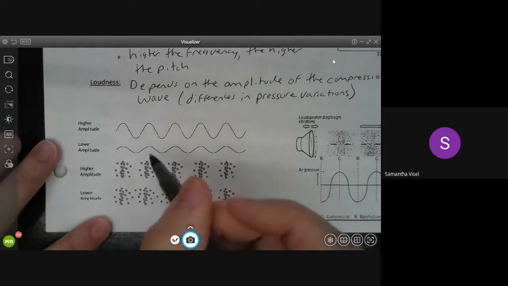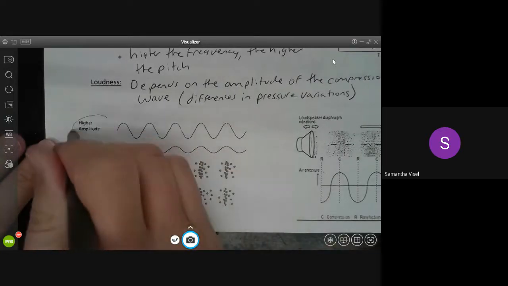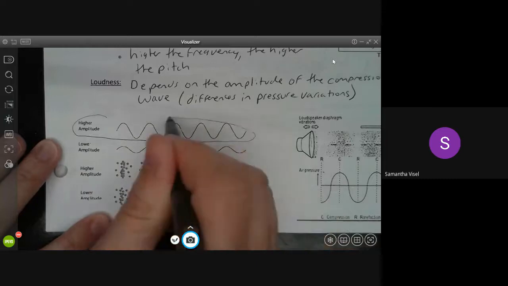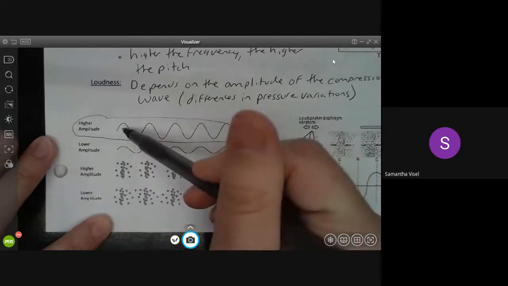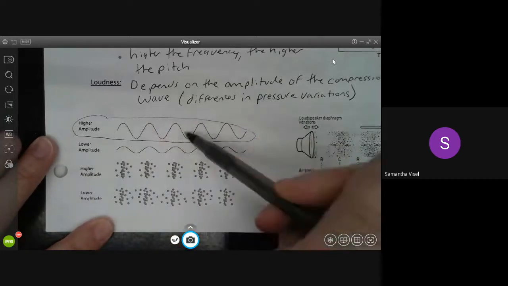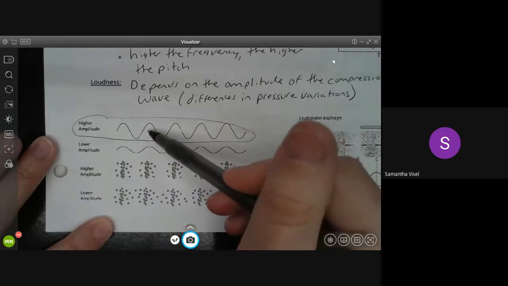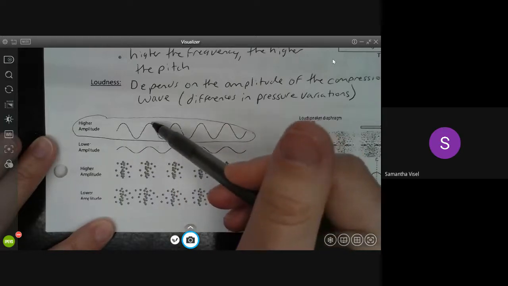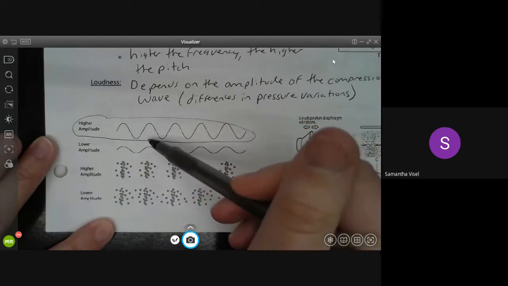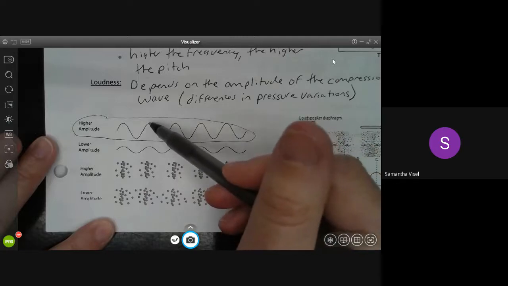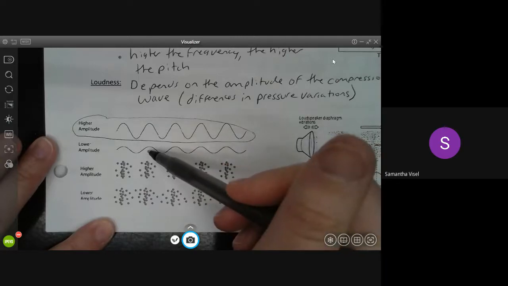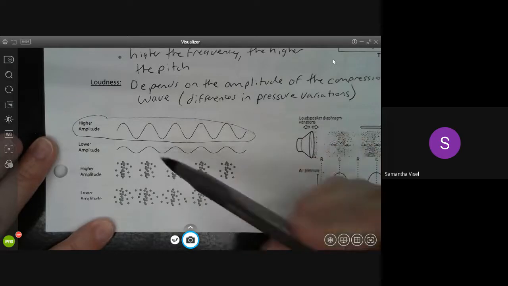So a louder sound is going to be one that has a higher amplitude. So on a transverse wave, higher amplitude means that we have a higher displacement from the mean position. So it's a taller wave than one that has a lower amplitude.